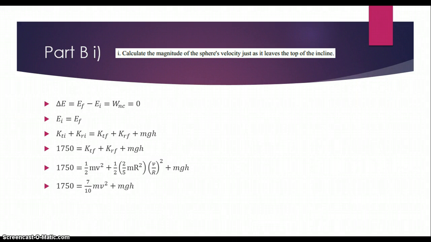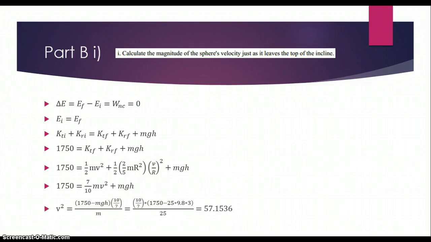And then when you simplify, you get 7/10 mv squared plus mgh equals 1750. And then doing the math, we got v squared equals 57.1536. And that makes v 7.56 meters per second.